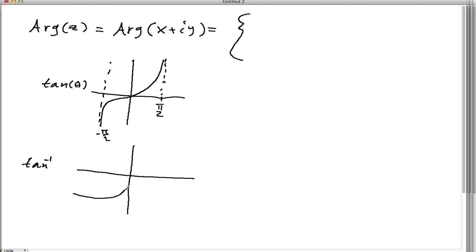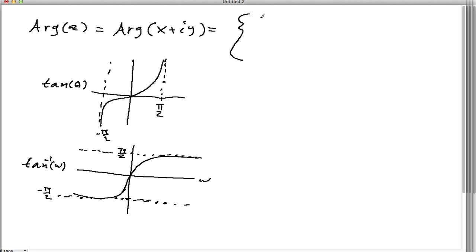It's simply flipped on its side, and has a horizontal asymptote at pi over 2 and negative pi over 2. So that's how we can write that out. I can write that as tangent w, where w is just this axis down there.